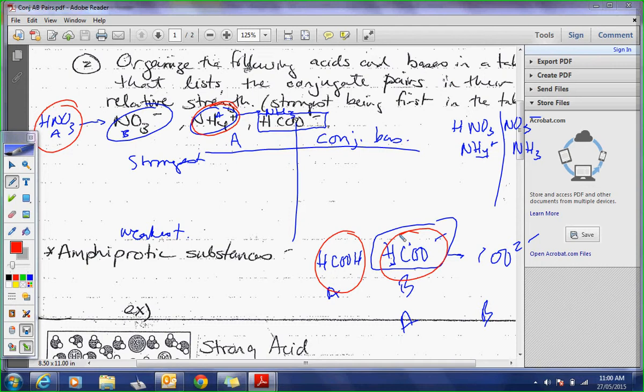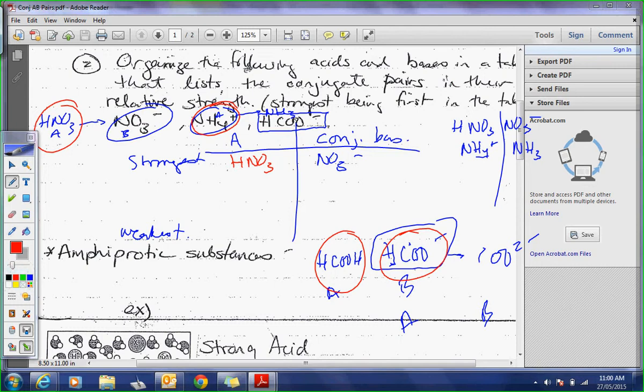Nitric acid? Yes. And what's the conjugate base that goes with it? NO3 minus.